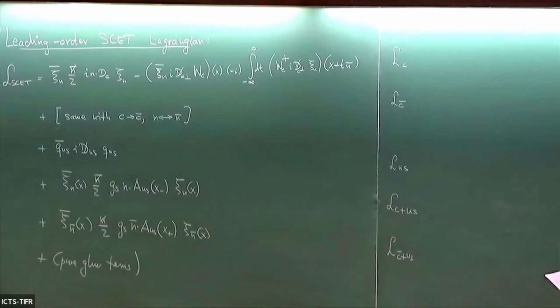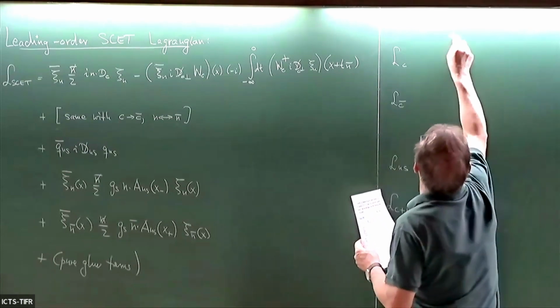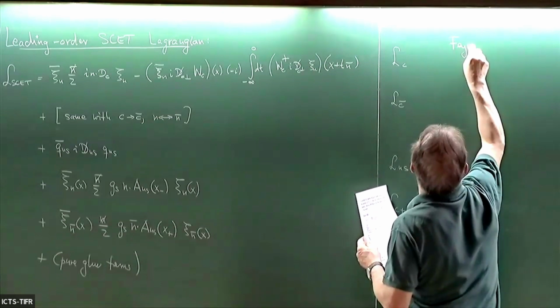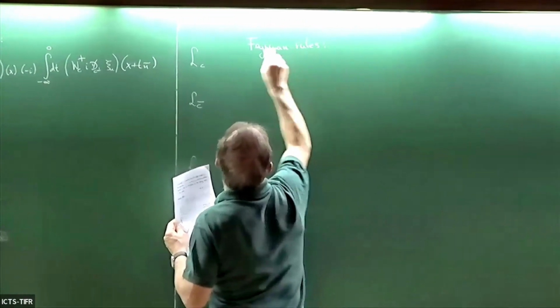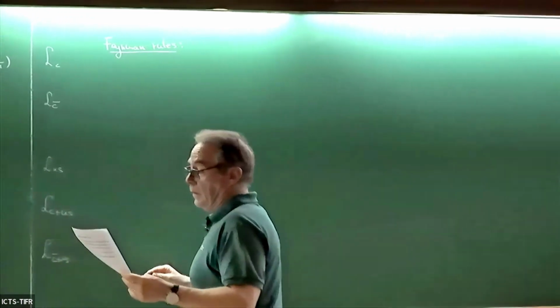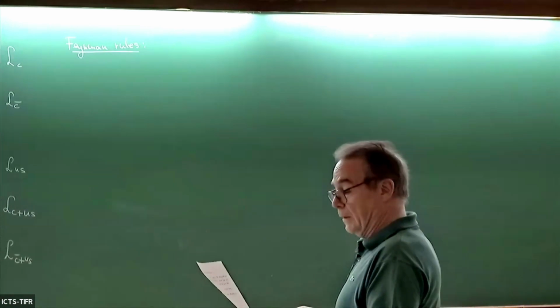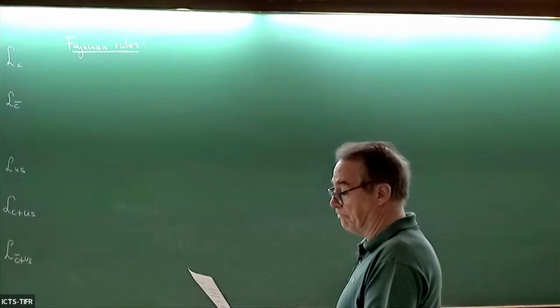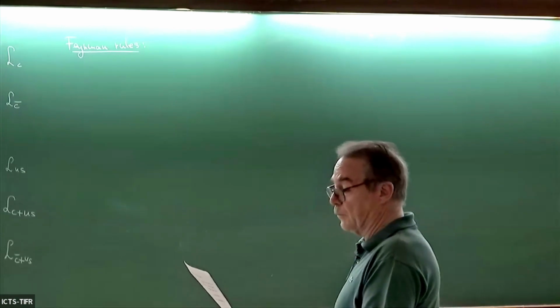Okay, so now we could go to higher orders. We won't. We could derive Feynman rules from this Lagrangian, and I almost want to say we won't. The Feynman rules are weird.